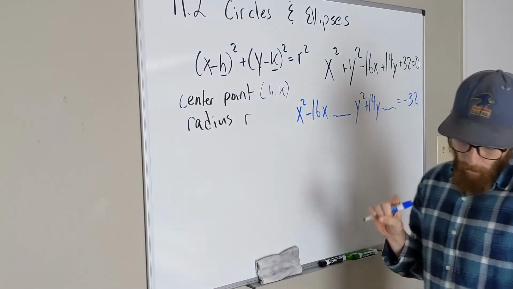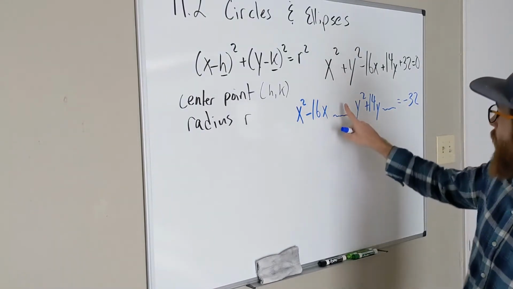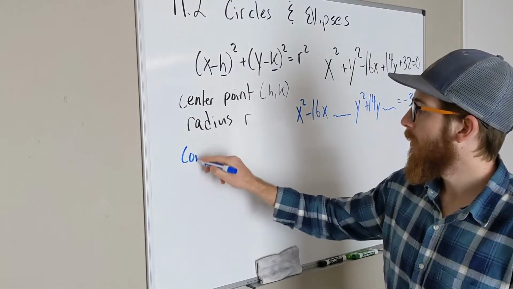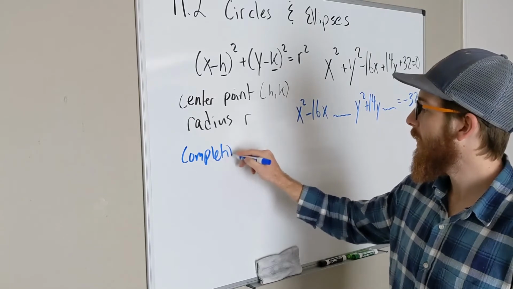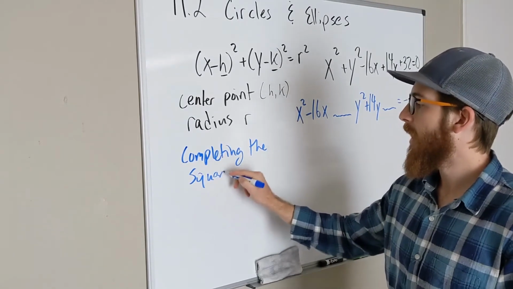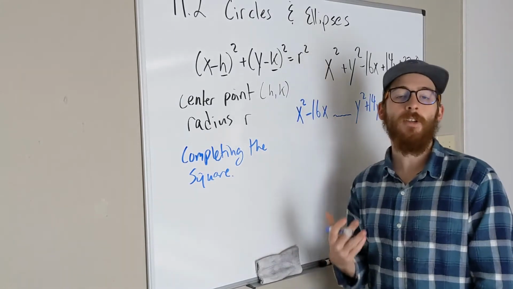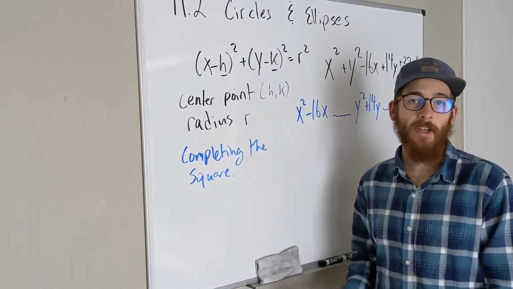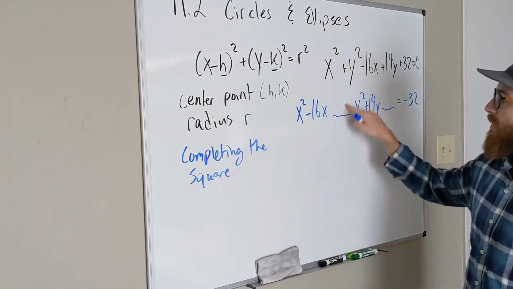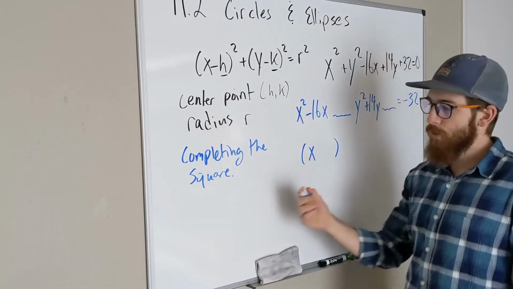Now, what we need to do to find these two values is we have to do completing the square. Now, I don't like to use completing the square with quadratics because there's no reason to. However, in order to find this piece here, there's a shortcut here.